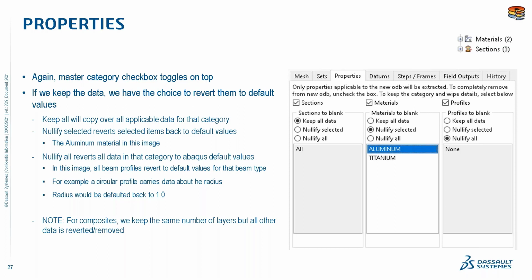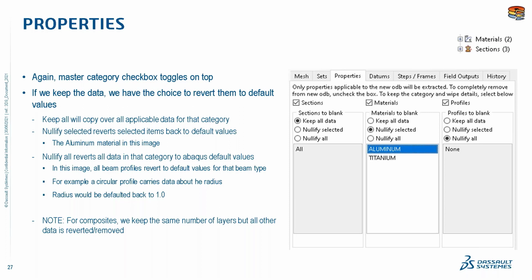And if I have a radius of 5, in the original database, that radius of 5 information is there in the profile. If I choose to nullify that beam profile, the circular beam profile, then what it does is it still says I've got a beam profile, but it says that I have a radius of 1, which is the default value for that radius.